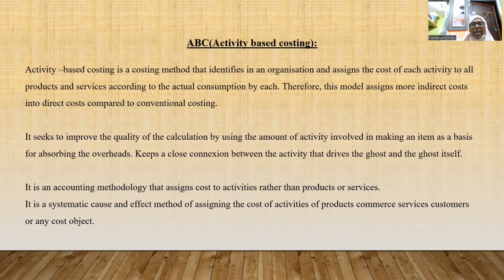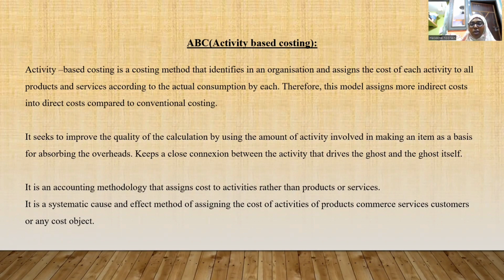Generally, activity-based costing is a costing method which helps in identifying the organization and assigns what cost occurs for each activity in the production and service level, according to the actual consumption by each product and each department where the production process occurs.